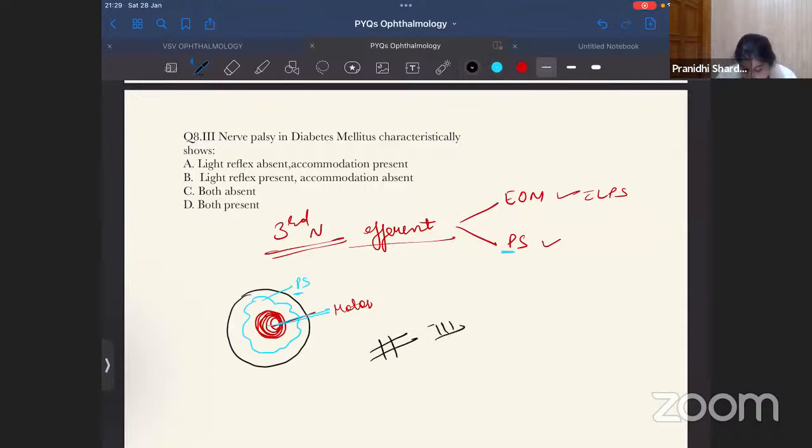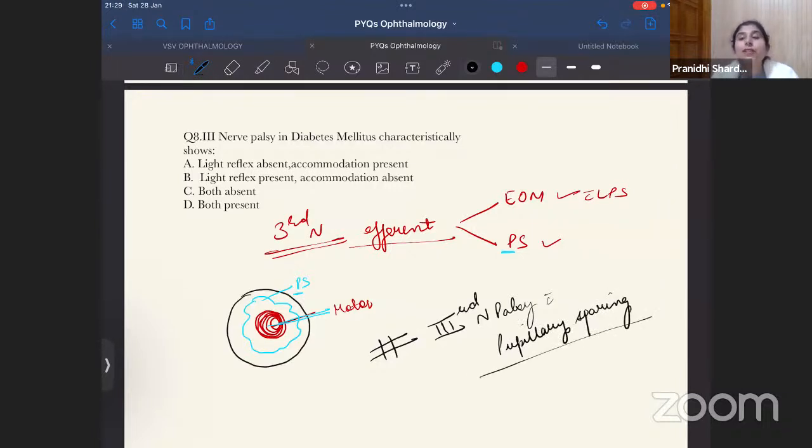Now, what is happening in diabetes is, we have always read about diabetes as third nerve palsy with pupillary sparing. Whenever there is an intracranial space occupying lesion, it will compress the nerve.